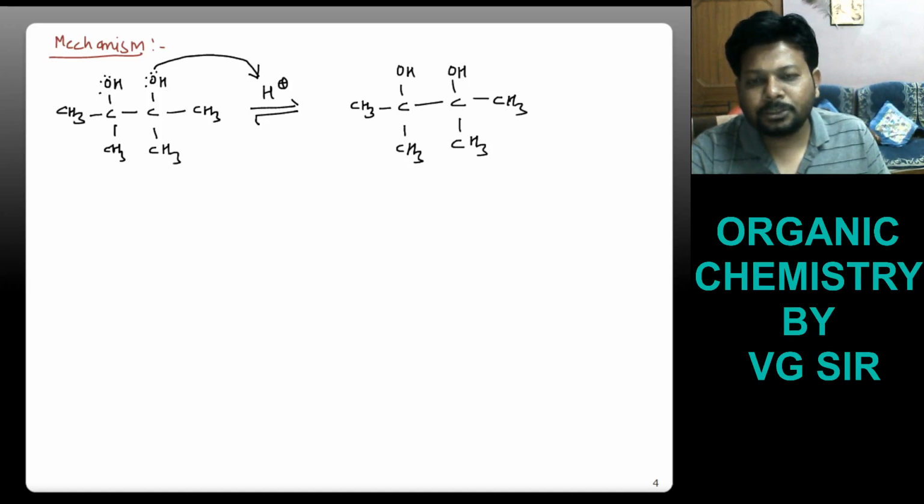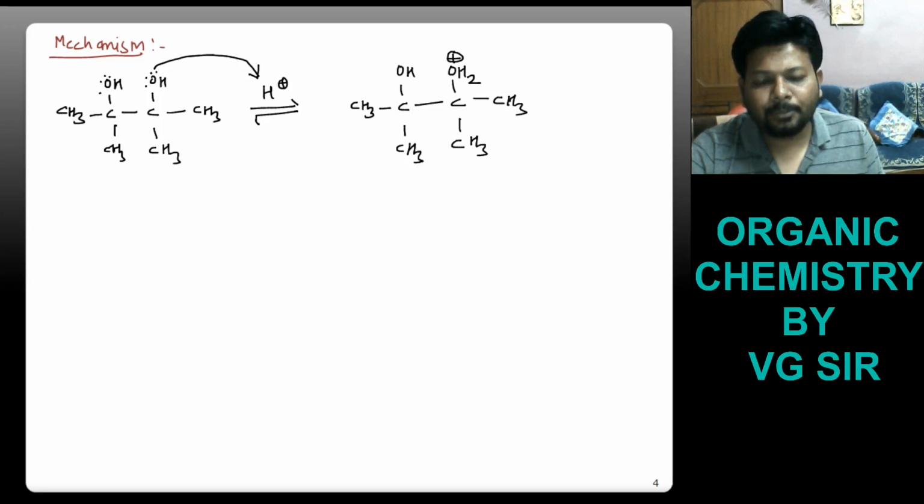Suppose this hydroxyl group is attacking this H plus. Due to donation of the lone pair, oxygen will get a positive charge. There will be two hydrogens, and this hydrogen will acquire a negative charge because it is accepting an electron pair. So the positive charge it already had will get neutralized by the newly negative charge, so it will become neutral.